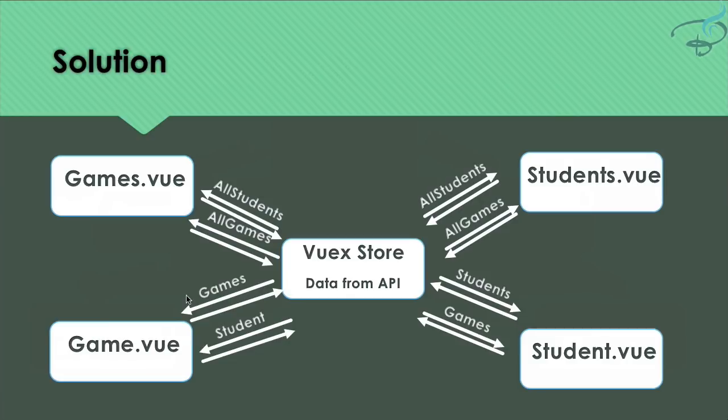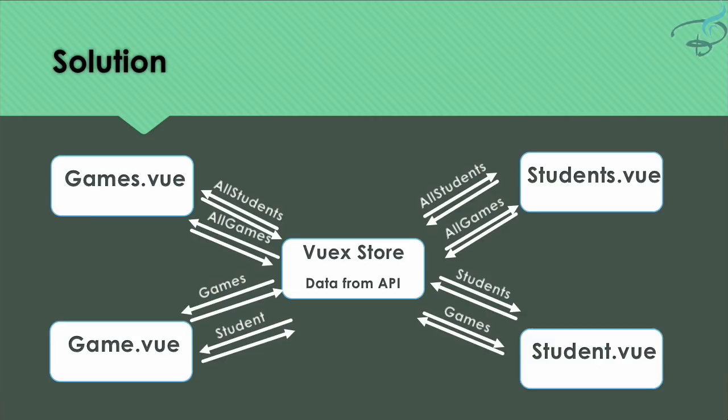It doesn't have to pass it, and students.view doesn't have to care about where the data is going. It's just going to update the data on Vuex, and then it's the job of your other components to get the data again from Vuex. So it's a super easy solution, and that's why we are going to use Vuex.